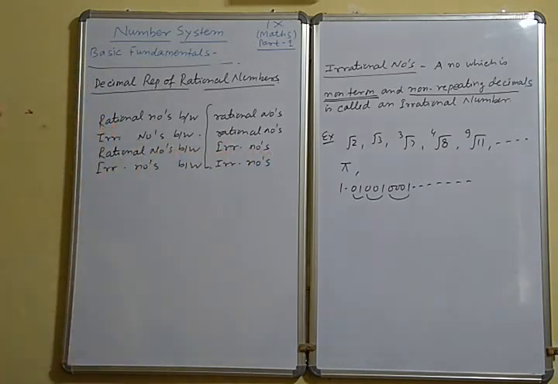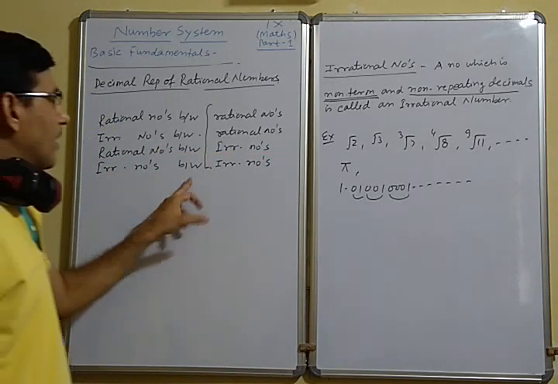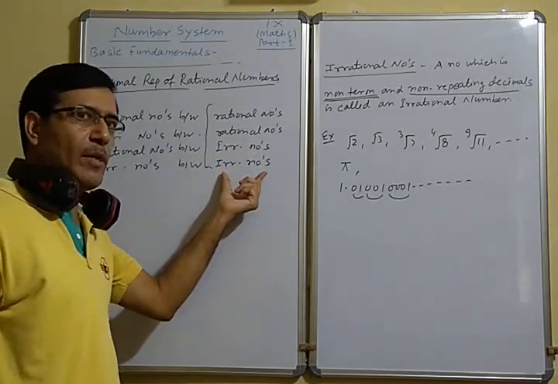We have to find 3, 4, 5 rational or irrational numbers between any two given numbers, one by one.